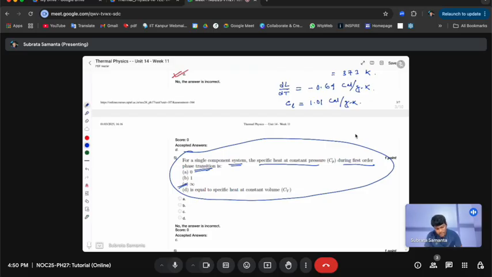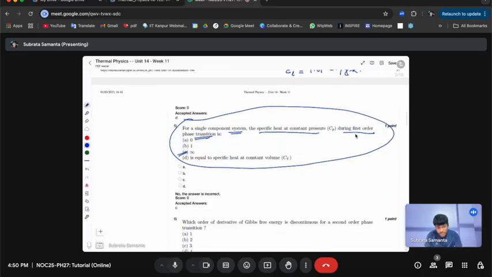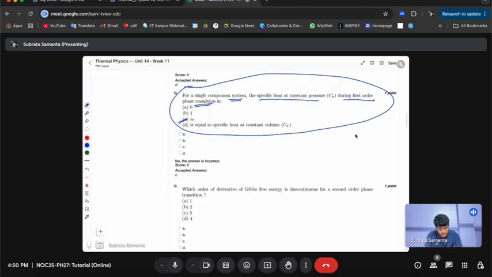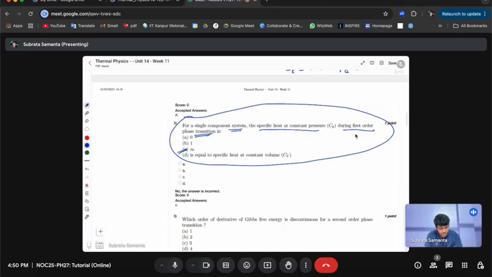So for the first order phase transition, the first derivative of the Gibbs free energy is discontinuous.